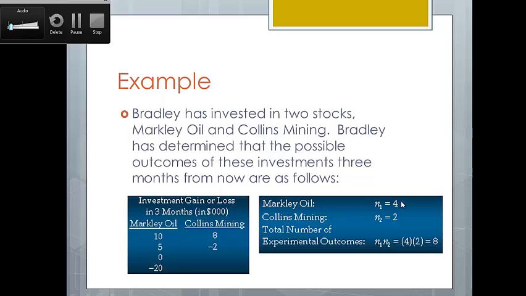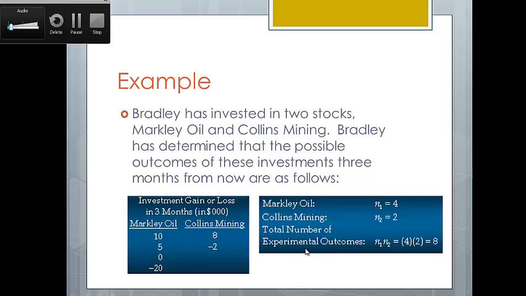So for Markley Oil, N1, Markley Oil is event 1. There are 4 possible outcomes there: a gain of 10, a gain of 5, break even, or a loss of 20. Collins Mining has 2 potential outcomes: a gain of 8 or a loss of 2.